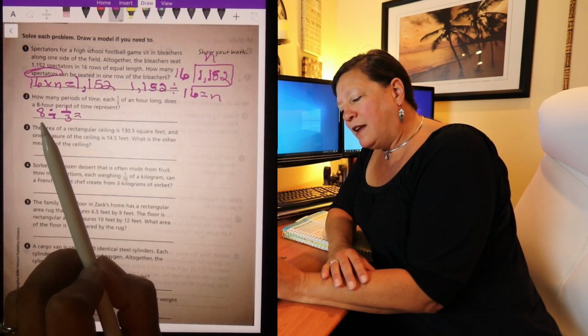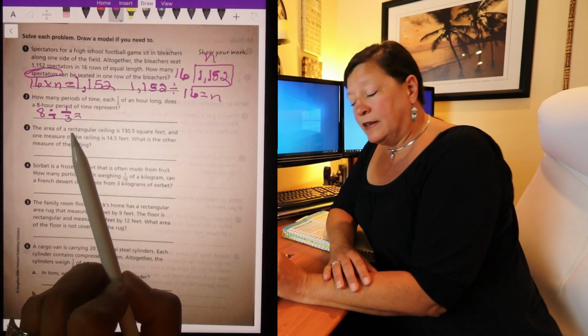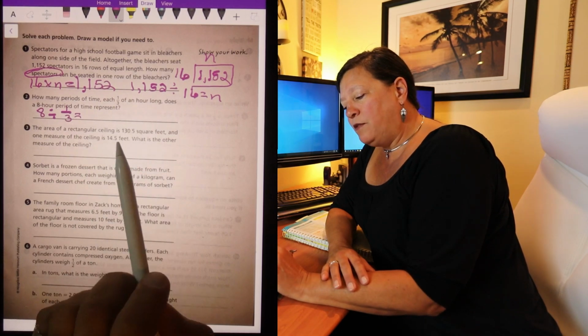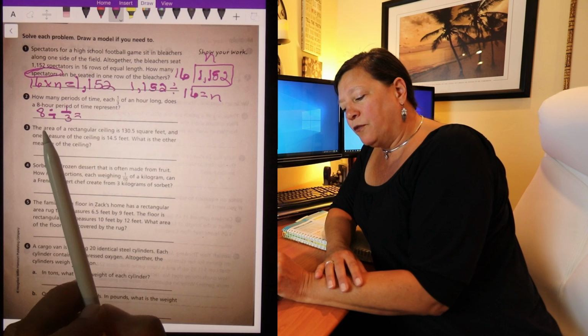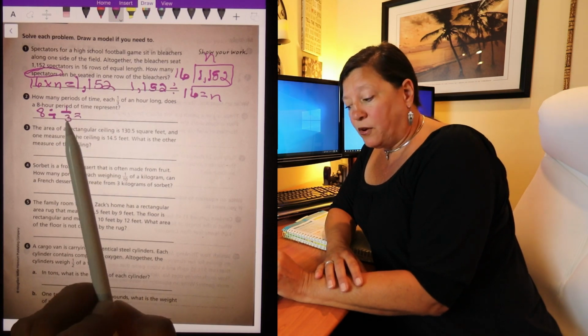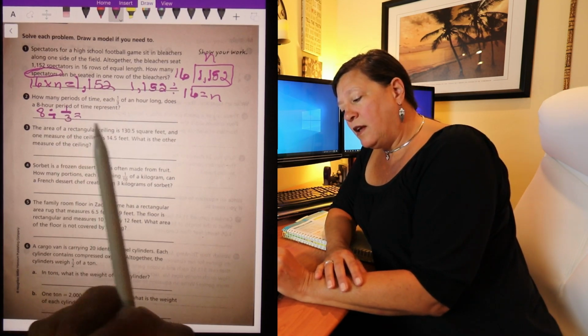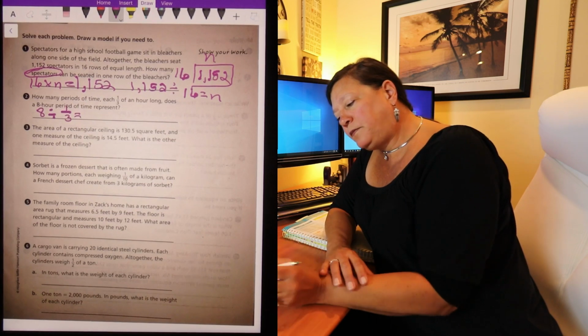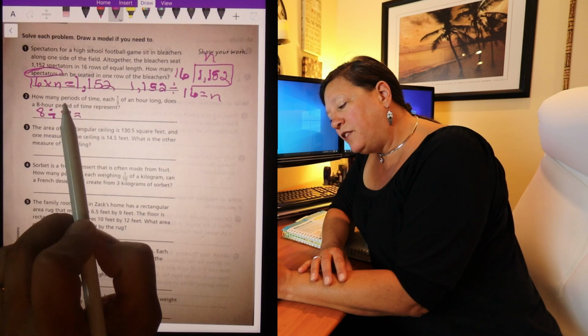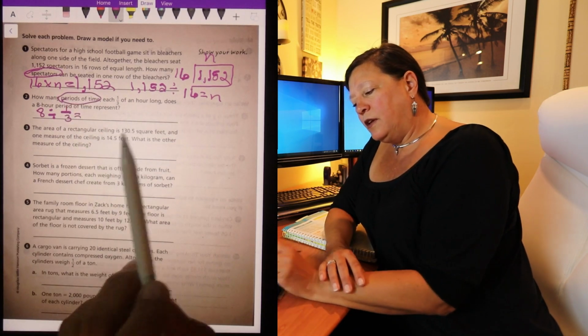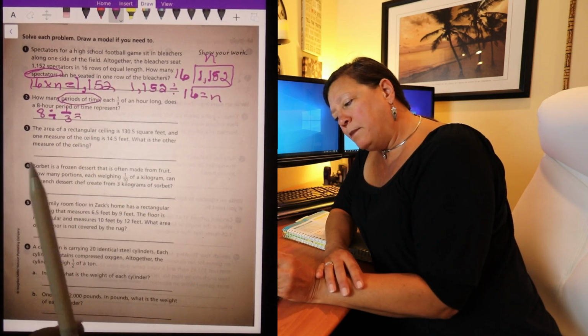You have to take 8 divided by 1/3. Remember, how did we do that when we did our previous problems? The whole number goes over 1, get the reciprocal of the second fraction, and then you can multiply it out. And again, your label, how many periods of time? You're going to get a whole number for periods of time.